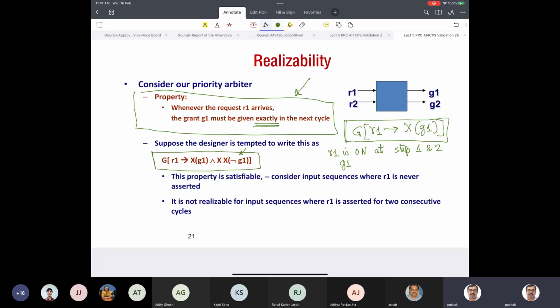One part will require G1 to be on at 2 and off at 3. R1 at 1 will require this, but R1 at 2 will require G1 to be on at 3. And therefore, there are some very interesting nitty-gritties that can be done with the power of temporal logic.